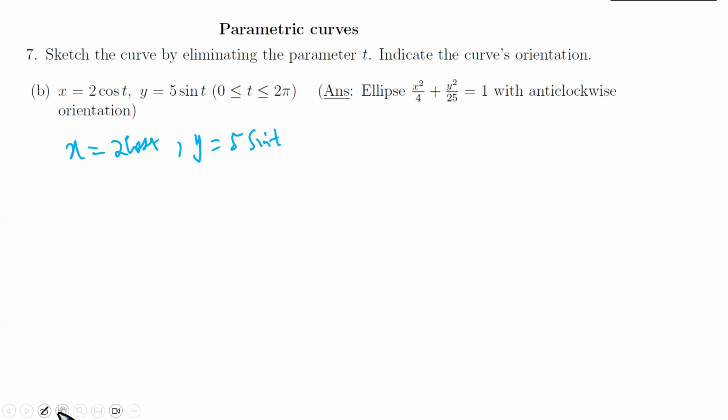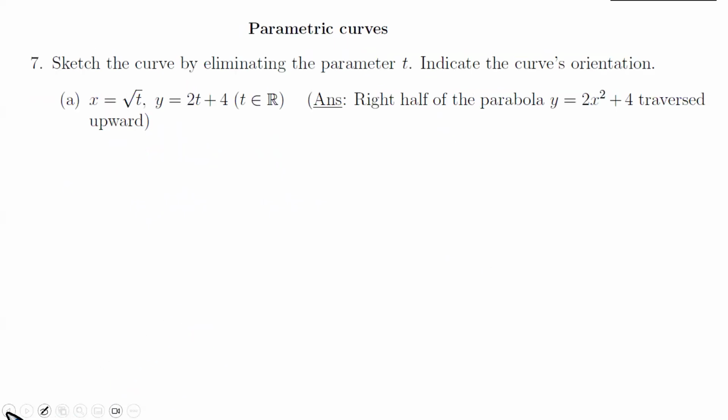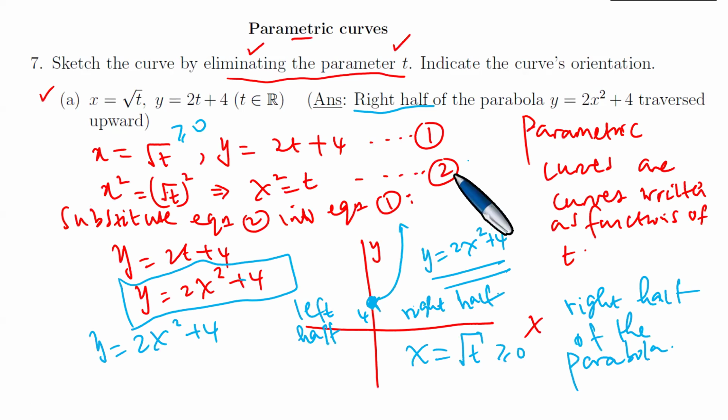What does traversed upward mean? It is the curve y equals x squared plus 4. Traversed upward means that it is sketched such that when x increases, y also increases.